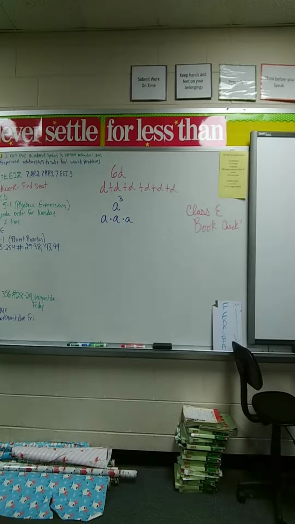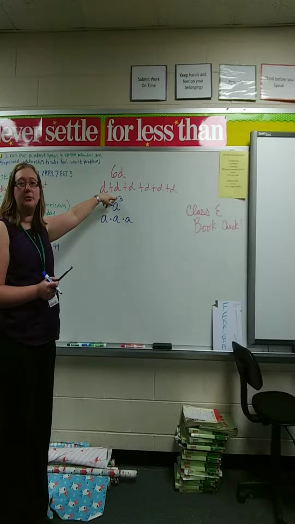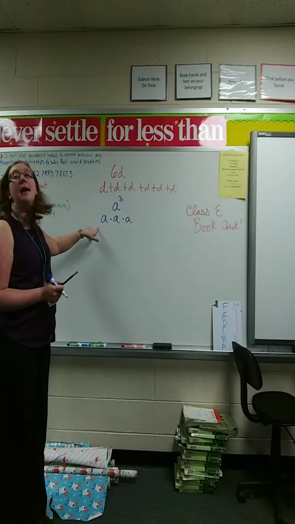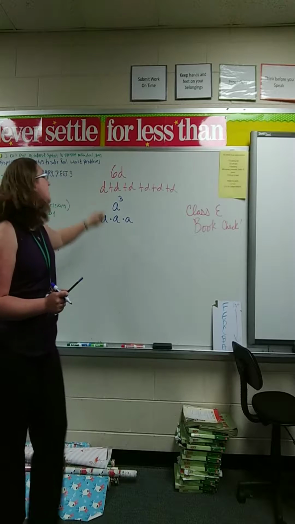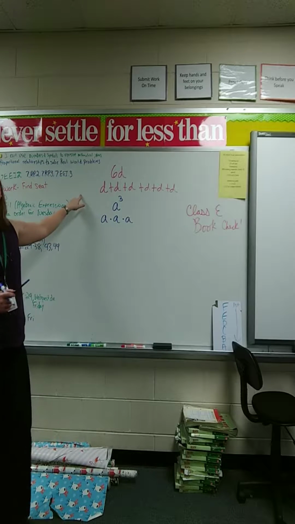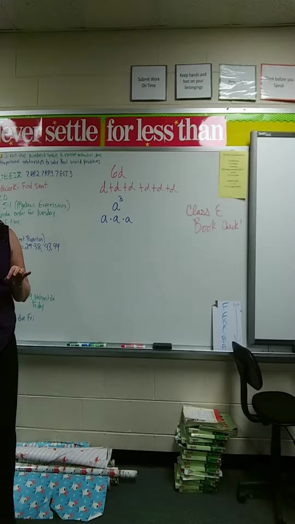So it's very important that we write things correctly, because if I use my exponent, or that little number 3, it means that my variable is multiplied by itself. If it has a coefficient, it means that they are added. And those are very different. Any questions about that difference and that discrepancy?